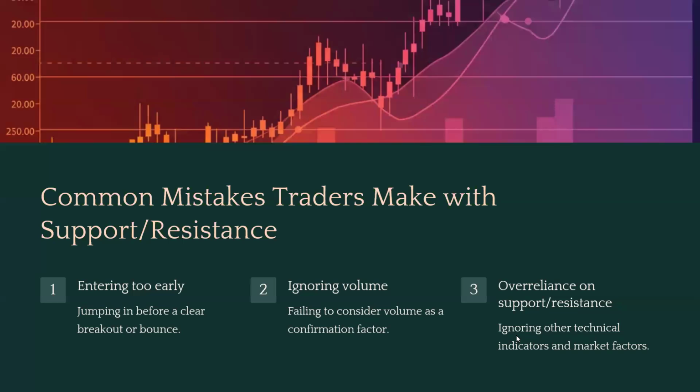Not ignoring other technical indicators and market factors also plays a very important part, because for technical analysis, we are not just looking at support and resistance. This is just to clearly understand the supply and demand of the cryptocurrency.